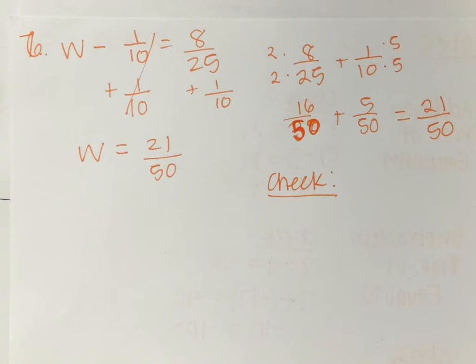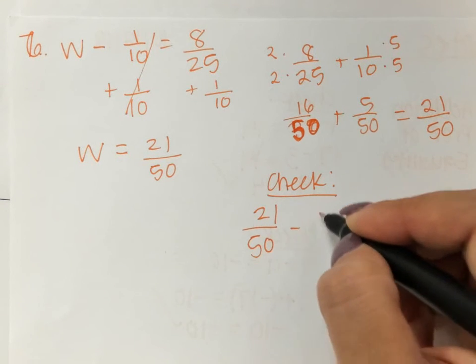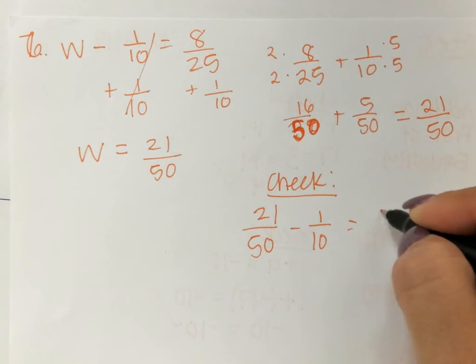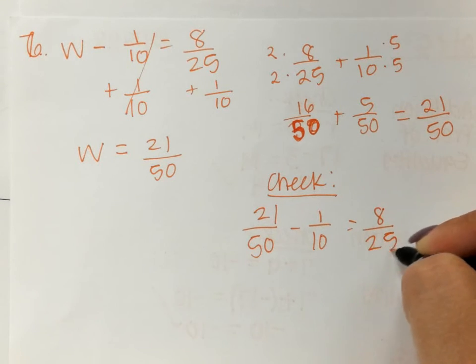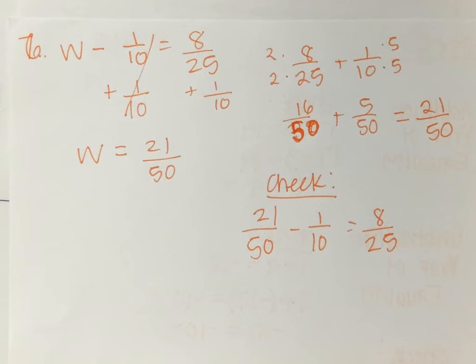Alright, so if I check it, that means I've got 21 over 50 minus 1 over 10, which should equal 8 over 25. Can I subtract them like this? Why? What do I have to do to subtract or add fractions? Guys, you know this. You've learned this for 2 years now.